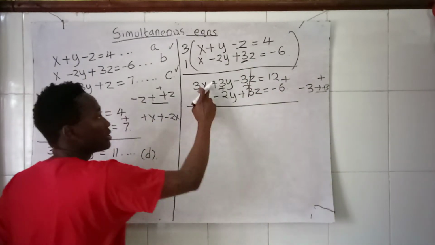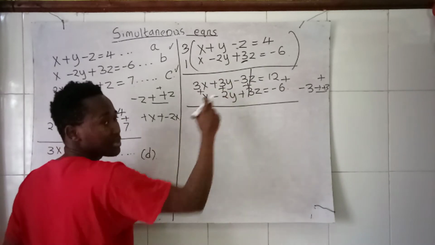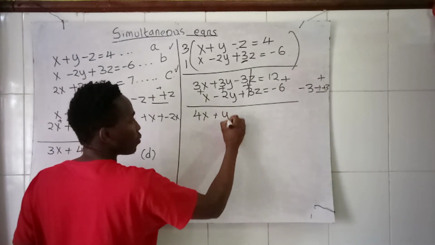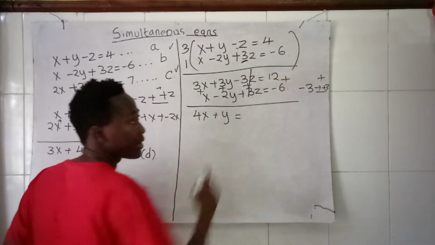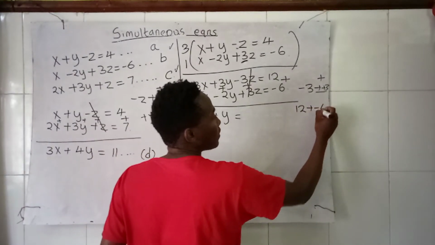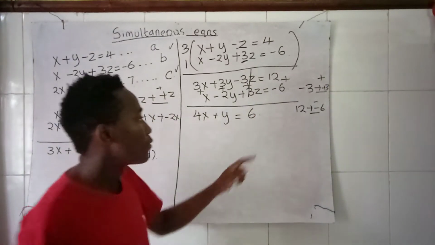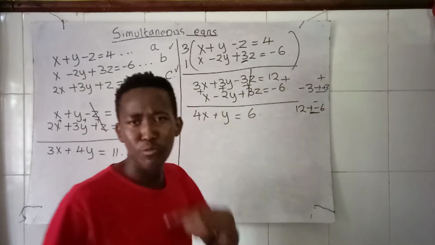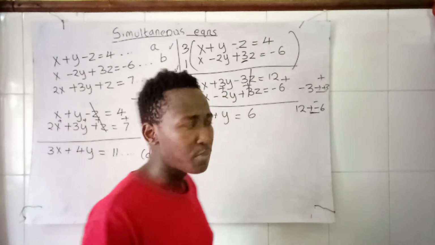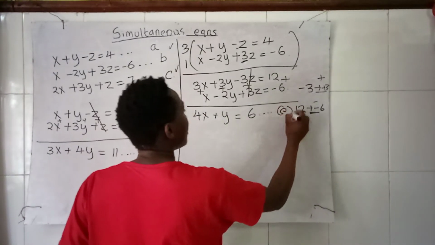So I'm left with 3x plus x, 4x, 3y plus minus 2y, y. 12 plus minus 6, hiyo ni 6. For this part here plus na minus, with the more practice that you do, utaweza kujua kuifanya haraka. So practice hiyo utaiva. So that is going to be my equation number E.